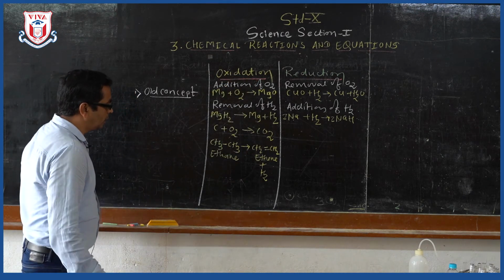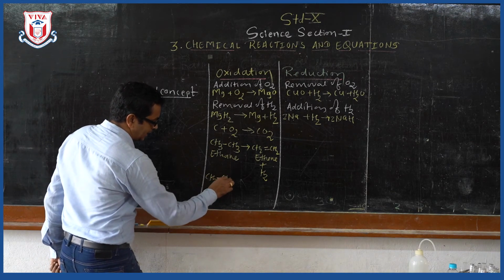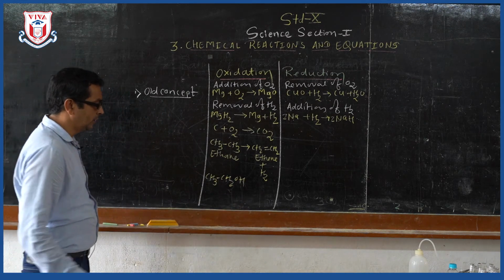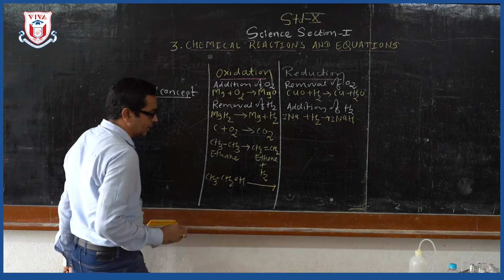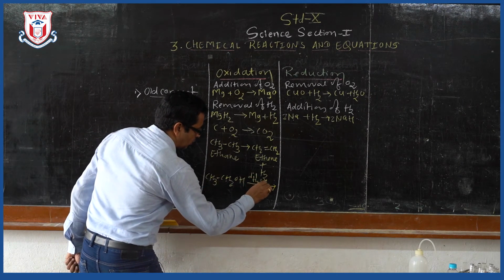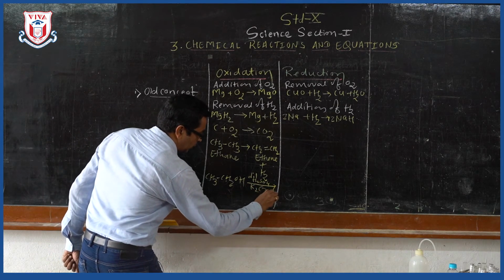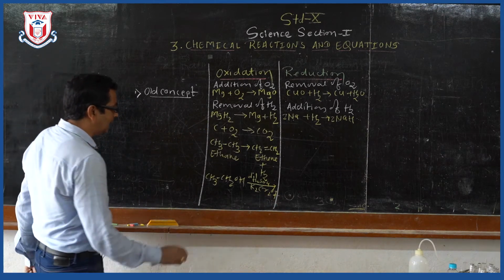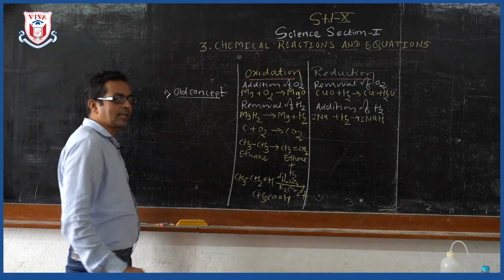In the same way you can write CH3CH2OH, which is ethyl alcohol. When this ethyl alcohol is reacted with dilute H2SO4, sulfuric acid, and K2Cr2O7, potassium dichromate, I will get CH3COOH, carboxylic acid.